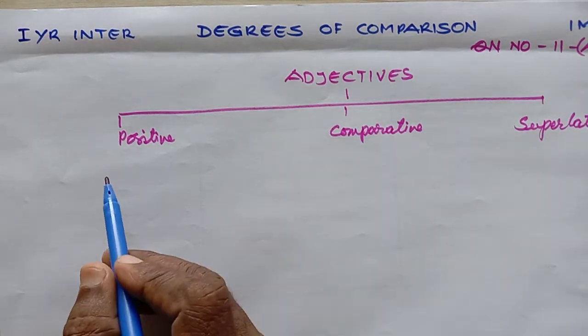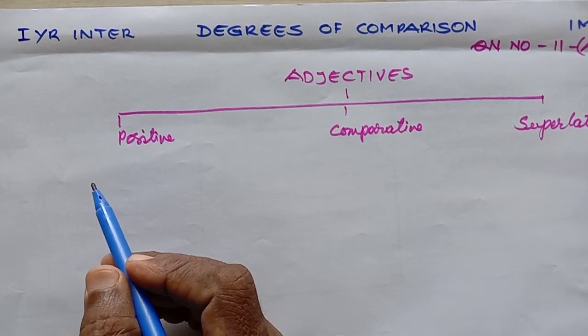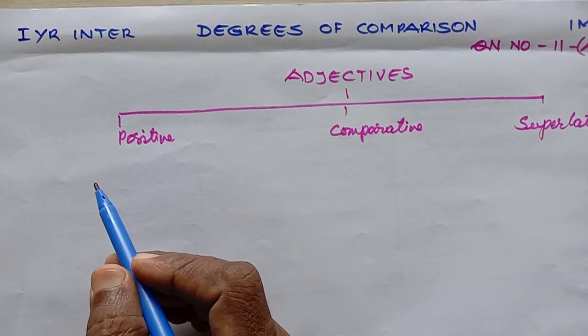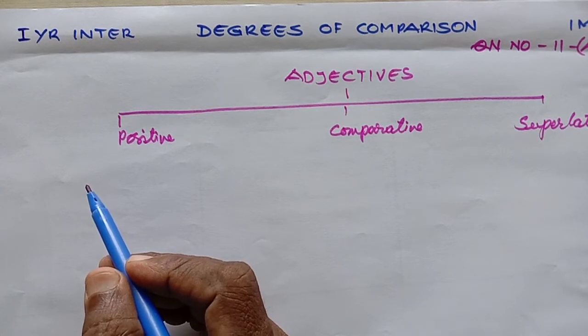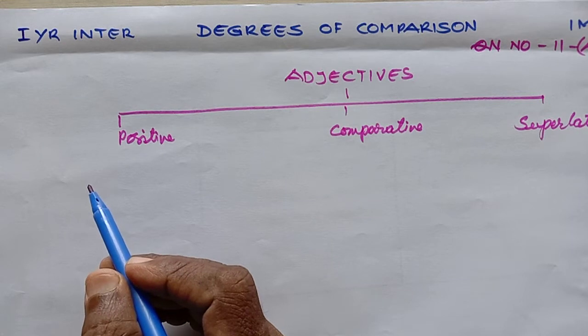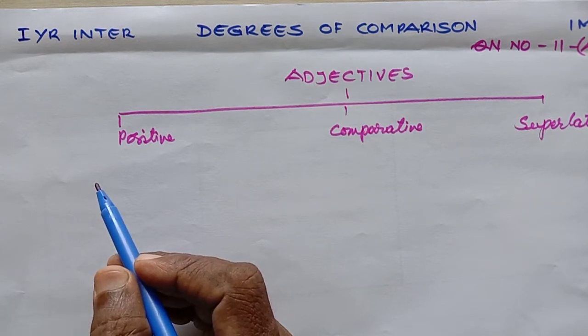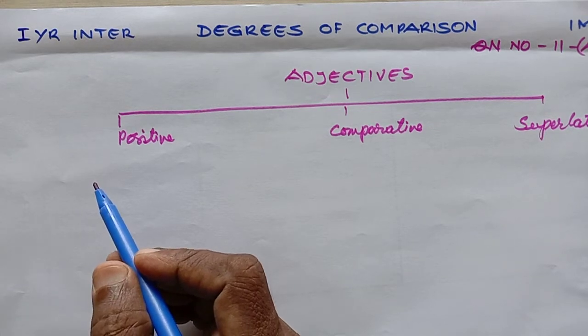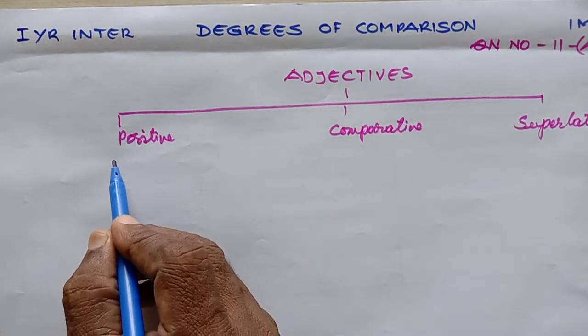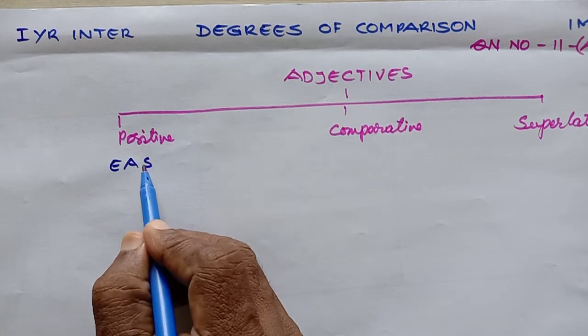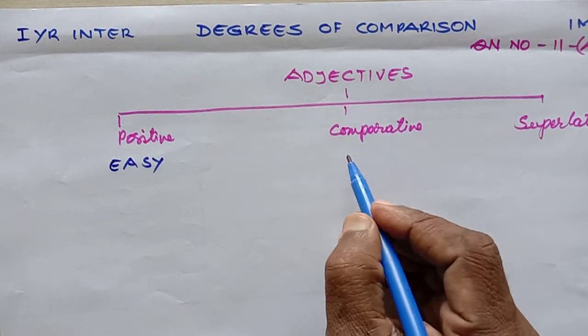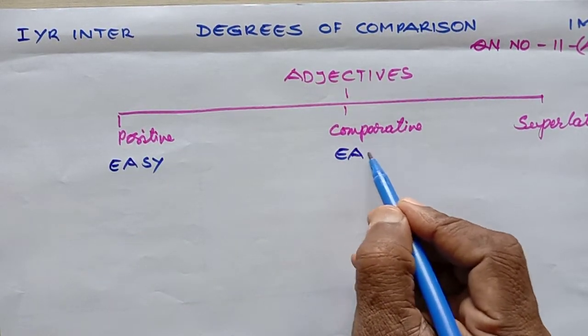Here positive means the normal quality of any adjective. Normal quality of any adjective is given here. For example, easy. What is the comparative form?